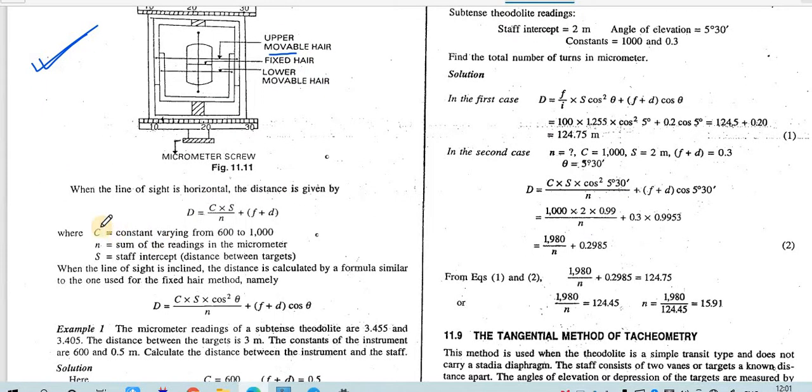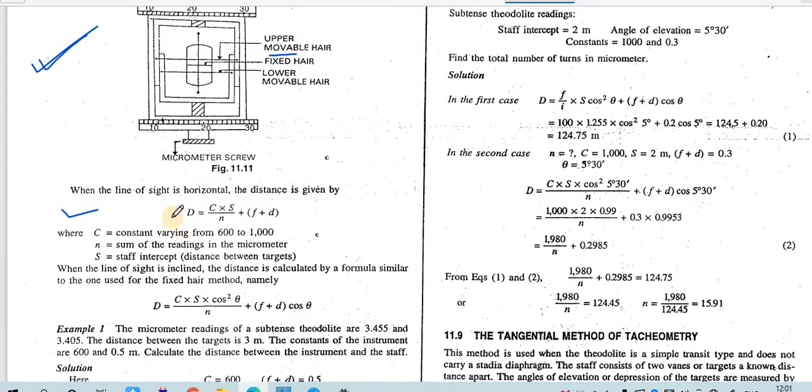Okay. Based on this, you need to understand this formula. In order to calculate the horizontal distance, we use this formula. In the movable hair method, D equals C into S by N plus F plus D, where C is a constant having a value between 600 and 1000.